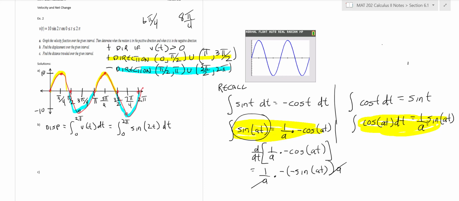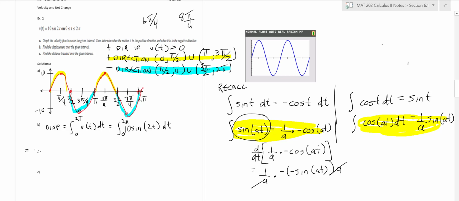All right, well, we're going to go ahead and crunch this thing out, even though you may know what the answer is. So the antiderivative of the sine of 2t is going to be 1 over 2 times negative cosine of 2t by the formula we went through. And you know what? I missed the 10. I just realized I missed that 10 right there. So I got to put that in. Okay. So what you could do is you can bring the 10 out.